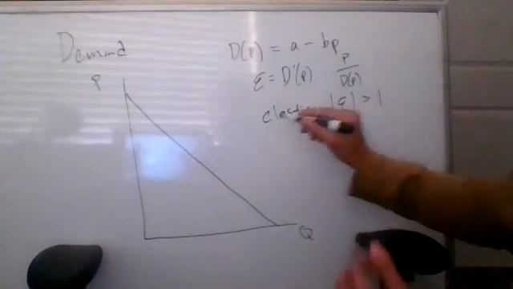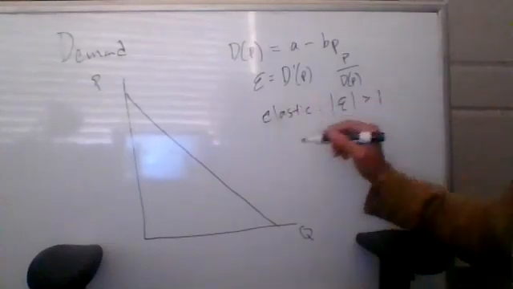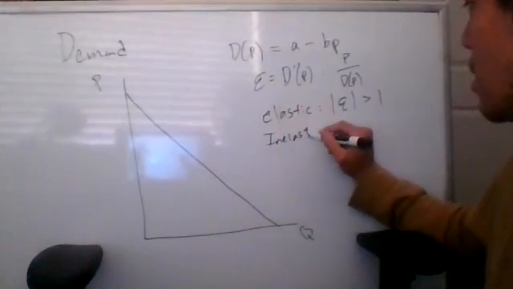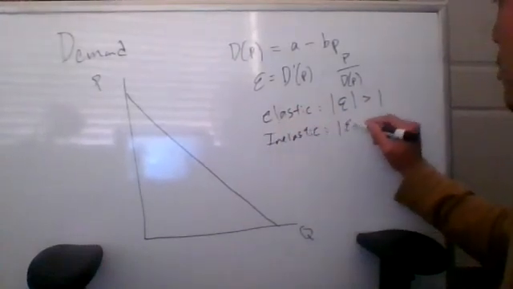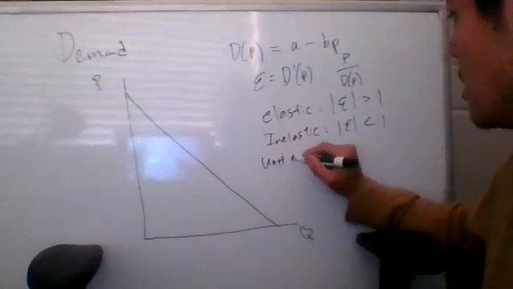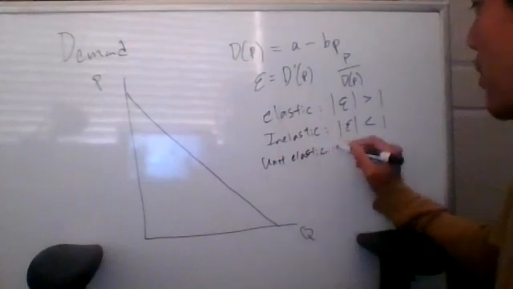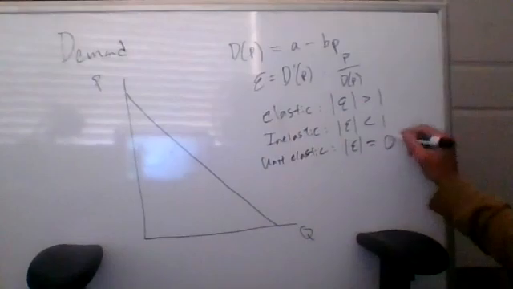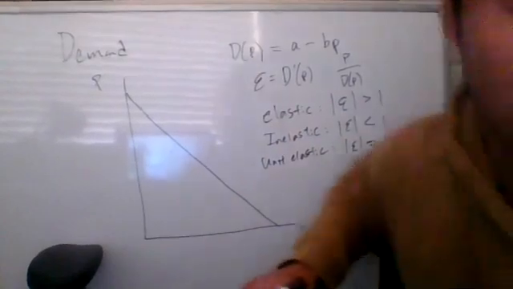That's why we look at the absolute value. We say it is inelastic when the absolute value of elasticity is less than 1, and unit elastic, which doesn't appear so often, is when the absolute value of elasticity is equal to 0.